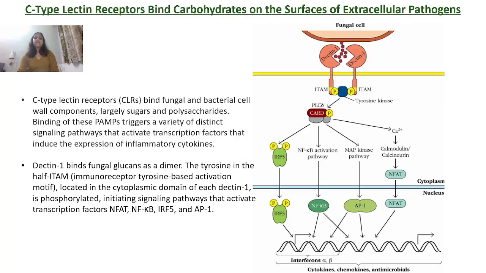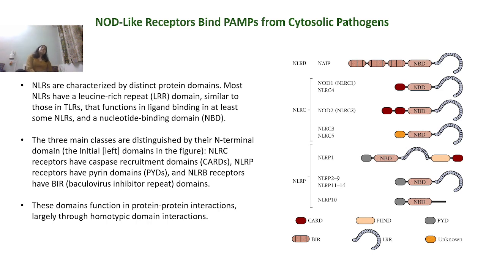After C-type lectin receptors, there are receptors known as NOD-like receptors. They are NLRs. They bind PAMPs from cytosolic pathogens. So they also have different kinds of protein domains like TLRs.